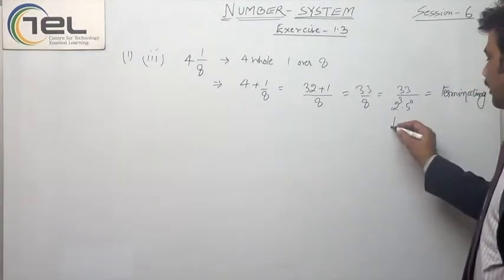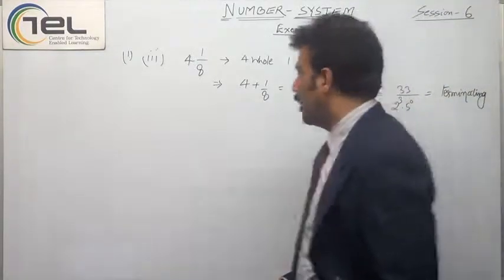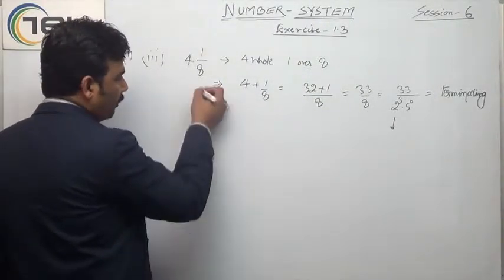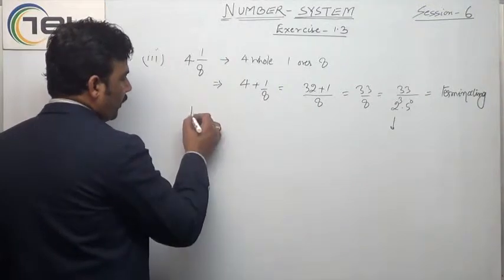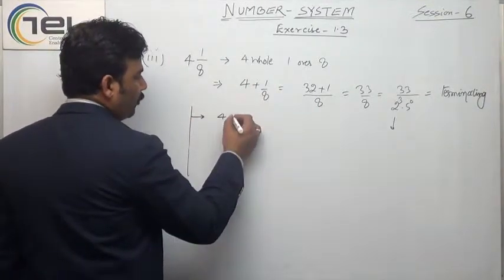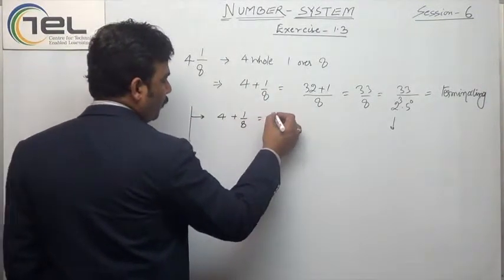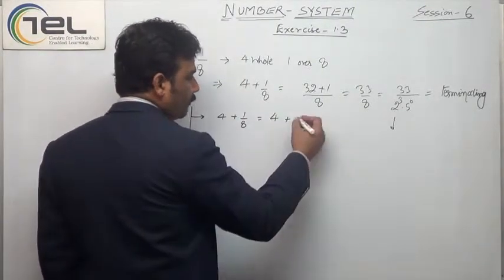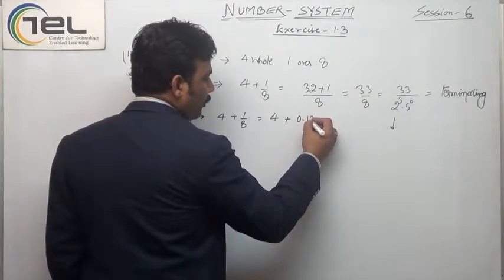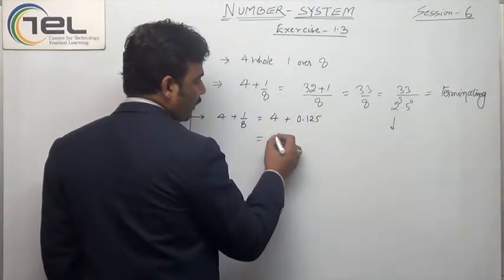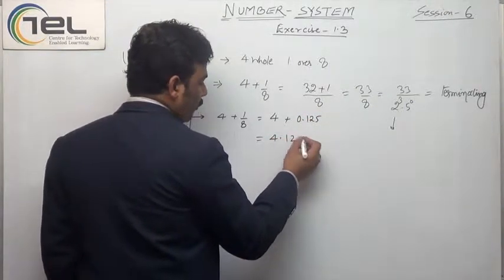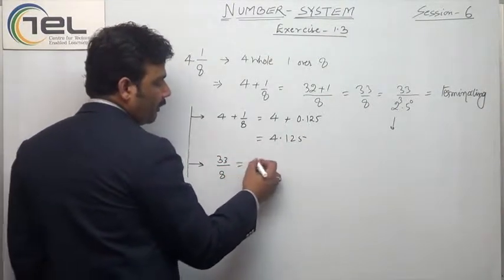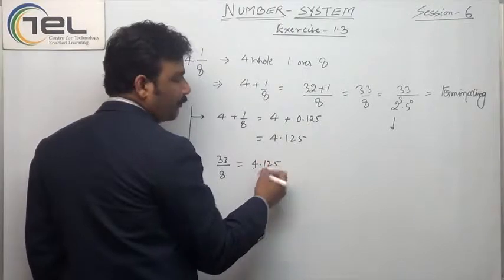Now for the decimal form, I can put it as 4 plus 1 by 8, and 1 by 8 can directly be written as 0.125. So directly I can write 4.125, or I can first divide and then write 4.125.